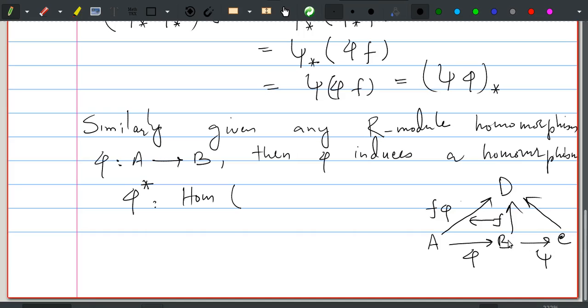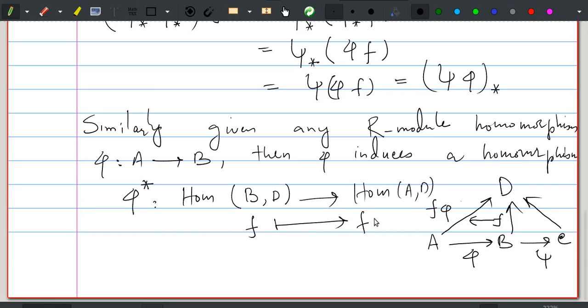This F is a module homomorphism from B to D, so it is an element of Hom(B, D), and this phi star takes this map F to a module homomorphism from A to D. This is phi star, where F is carried to F of phi, i.e. phi star of F is F of phi.